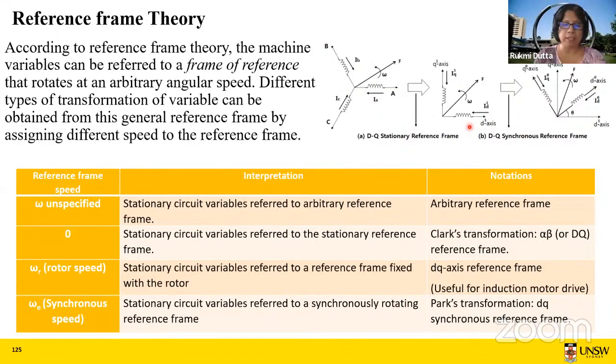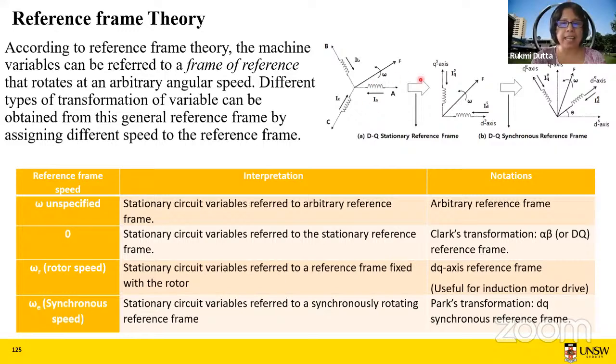We develop the model for a salient pole synchronous machine, and then we can simplify it to a uniform air gap machine, because this model is more complex for the salient pole machine. That's why the derivation is all for a salient pole machine, which can later be modified to a uniform air gap machine as well.